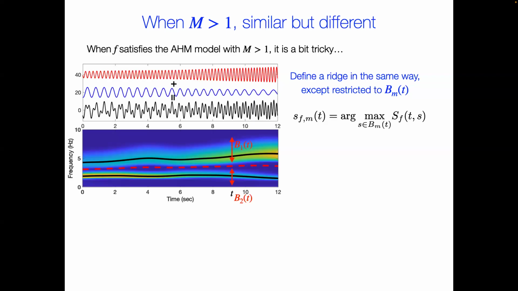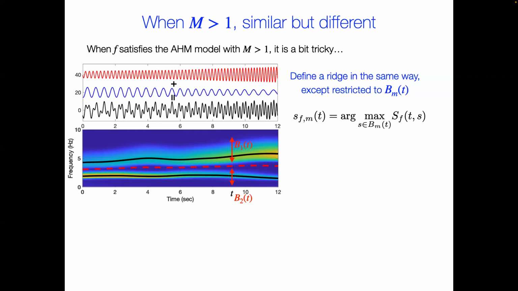I define the ridge in exactly the same way as before. That is, at each time, I try to find local maxima, but when I find local maxima, I will focus on different subbands. For example, for the first, low frequency component, I will focus on this band. For the high frequency component, I will focus on this band. That will be the assumption.